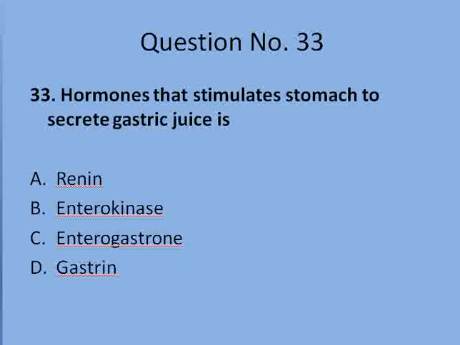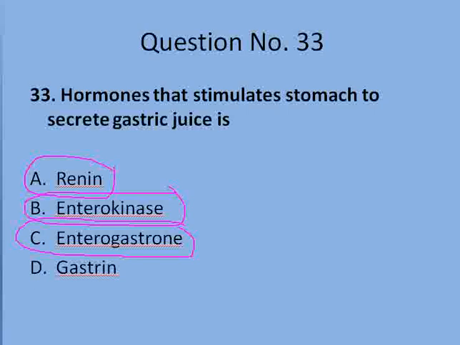Question number 33. Hormones that stimulate stomach to secrete gastric juice is. The first one, renin, is an enzyme. Enterokinase is also an enzyme. And enterogastrone is also an enzyme.